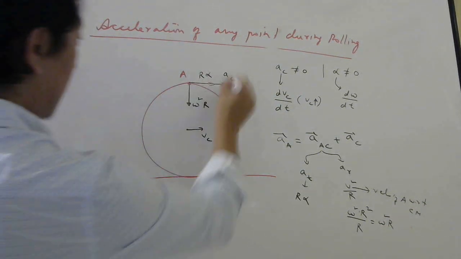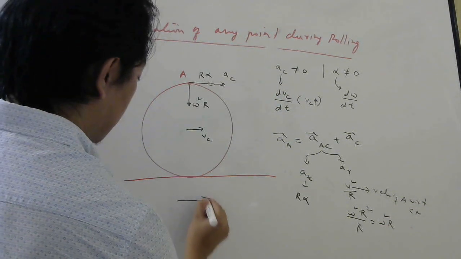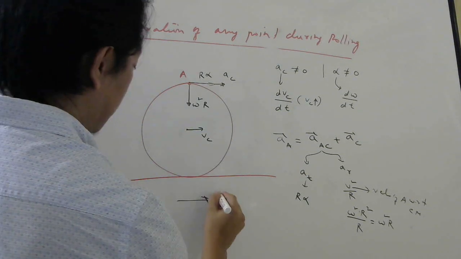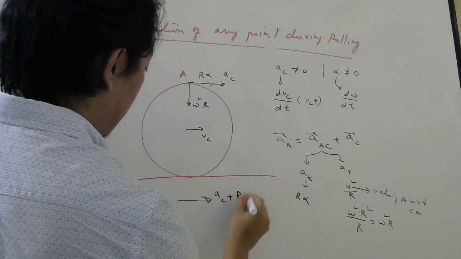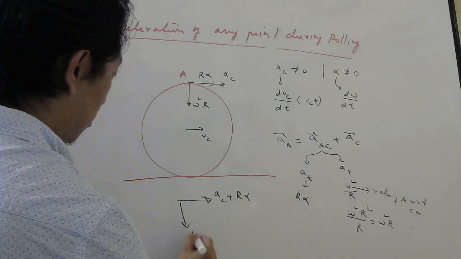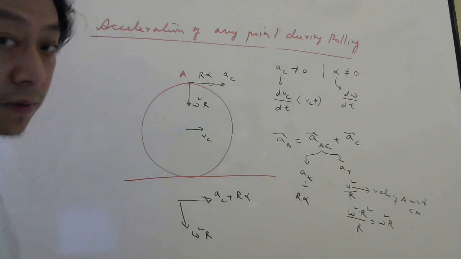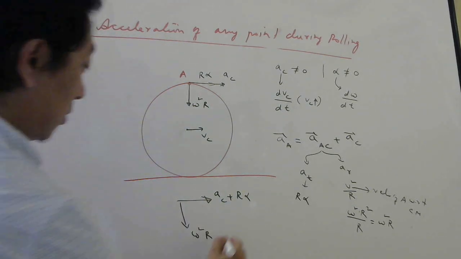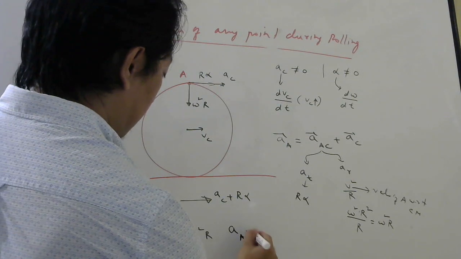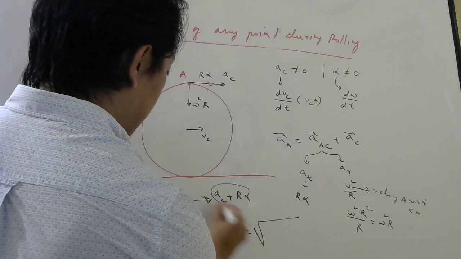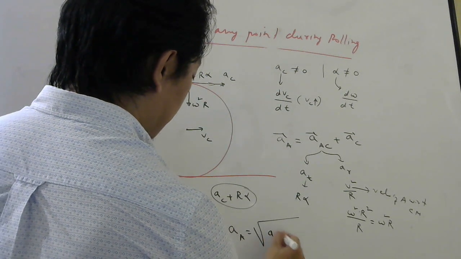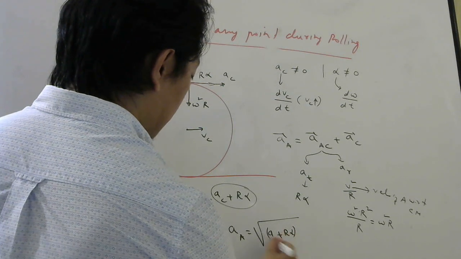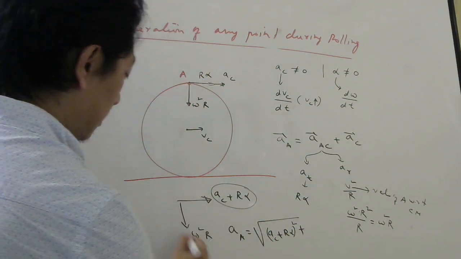You can see the net acceleration will be, these two are in the same direction, so AC plus R alpha, and here omega square r. So your net acceleration of A will be the root of this square plus this square.